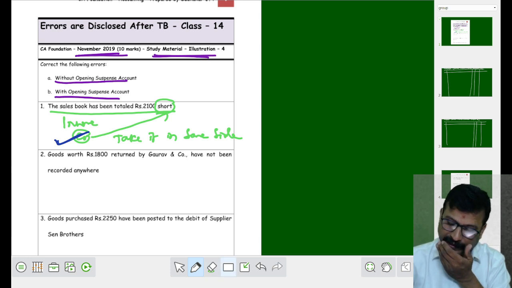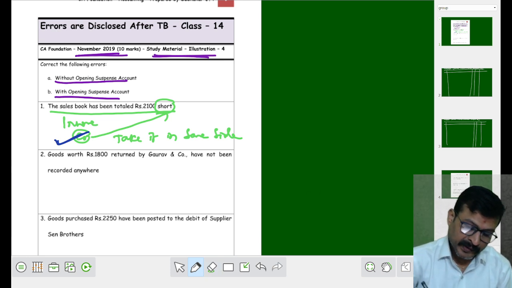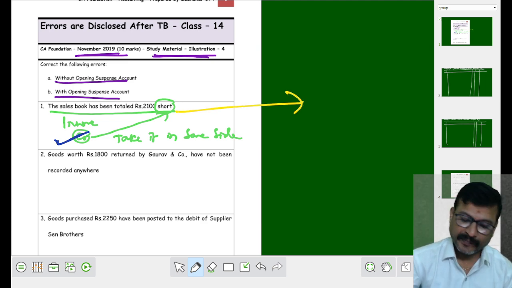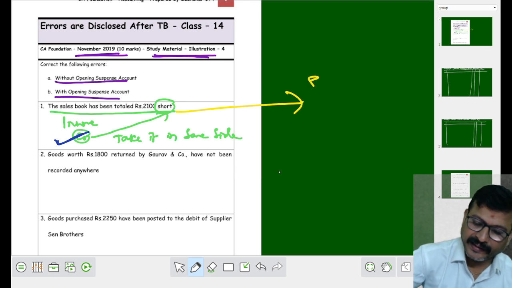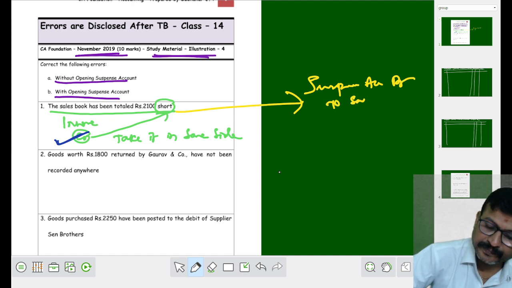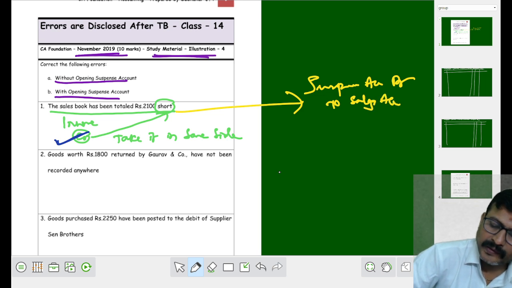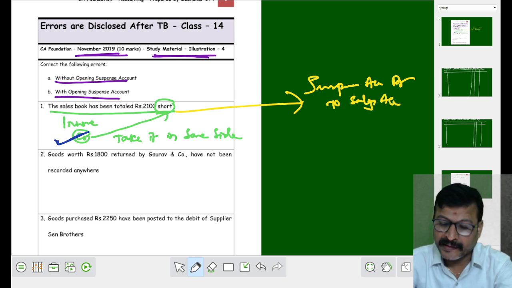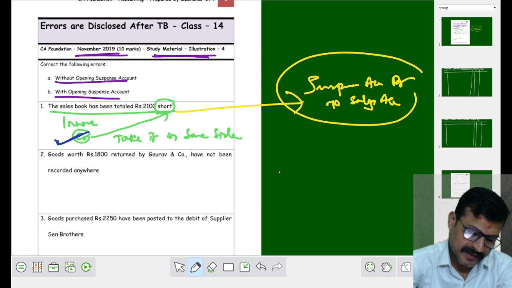When you take the sales in the credit side, what about your journal entry? When you take the sales in credit side, your journal entry will be suspense account debit to sales account. This is your what? With suspense account.